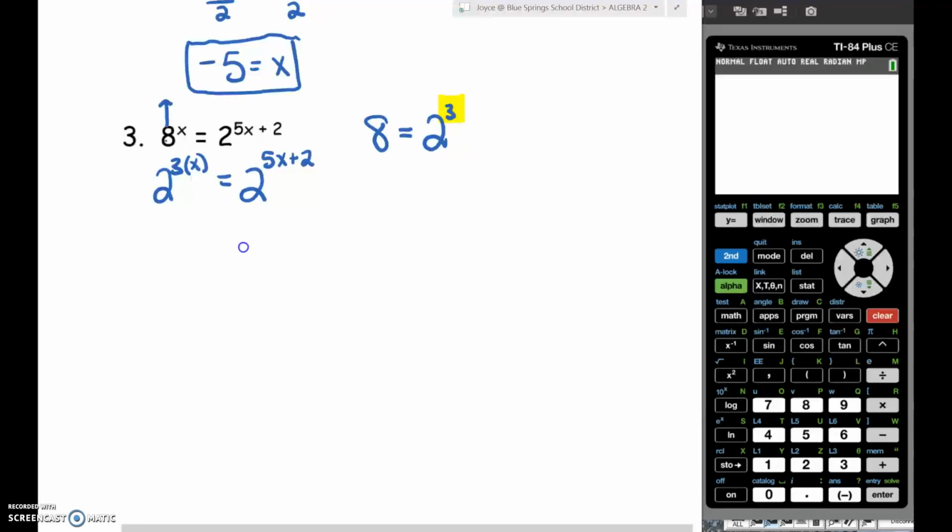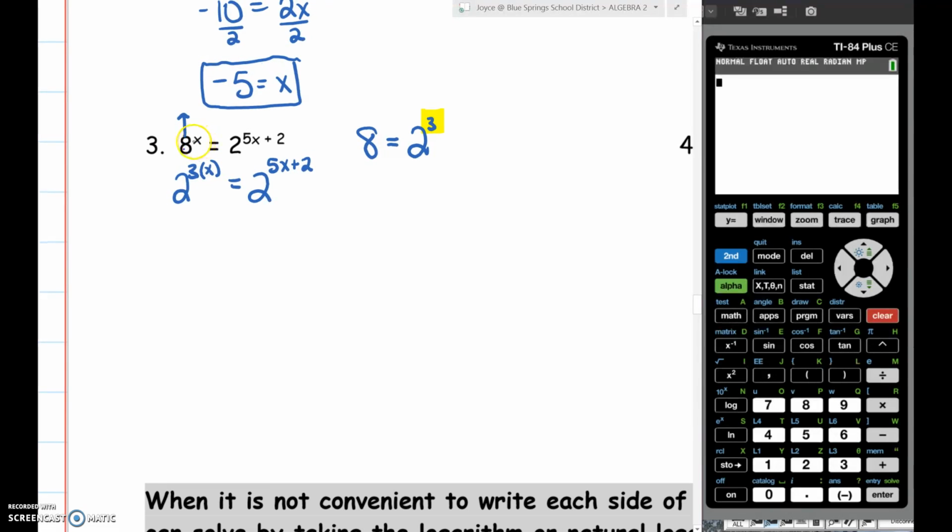And I put it in parentheses like this because if this had said like 8 to the x plus 4, you would need to multiply that 3 to the x, and you'd have to multiply the 3 to the 4. So whatever exponent was originally there, put that exponent in parentheses after the new exponent. So 8 left the equation, 2 to the third went in its place. The original exponent just goes in parentheses after.